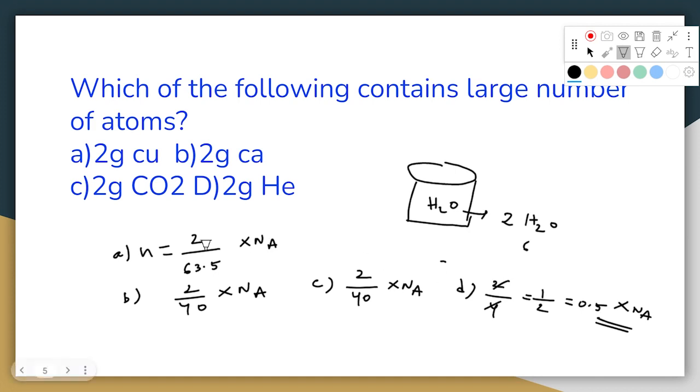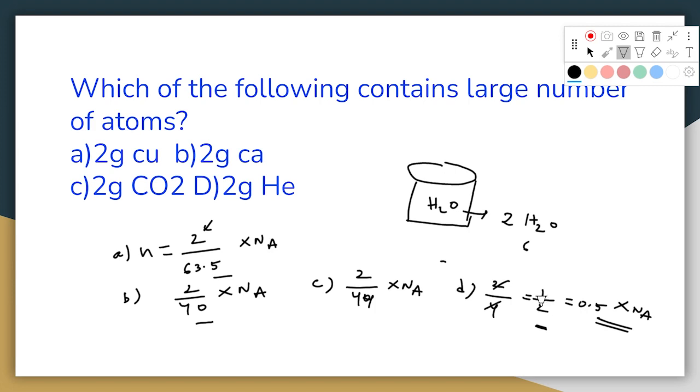Simple. Now compare everyone. You don't need to compare the numerator, so everywhere it is 2. Now this is 63.5, this is 40, this is 40, and this is 44, because CO2 is 44, and this is 4. Here the denominator is less.